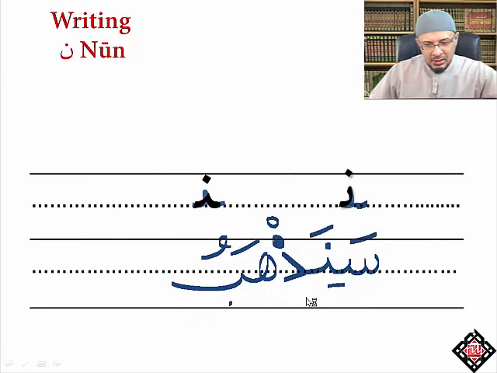This is the noon as a middle letter in a word. It may connect to both the preceding letter and the letter afterwards, depending on the characteristic of the letter. It will connect to the letter afterwards, but before it can be variable.